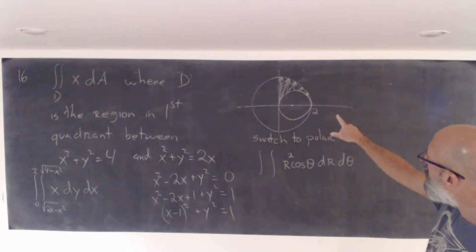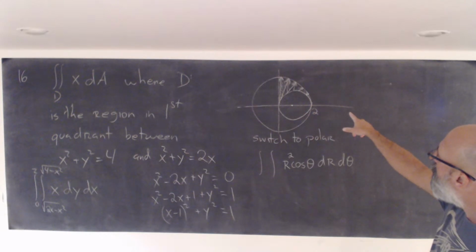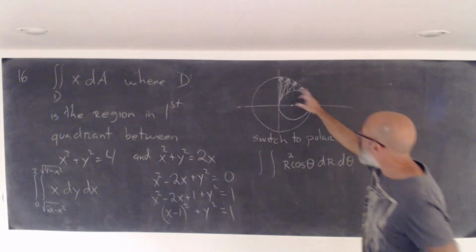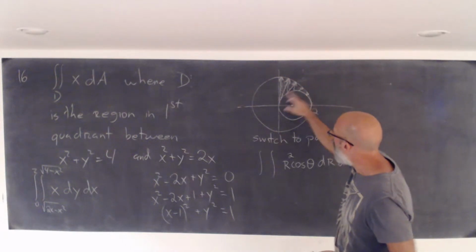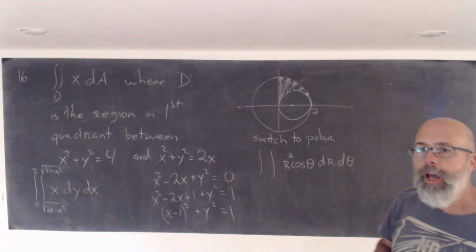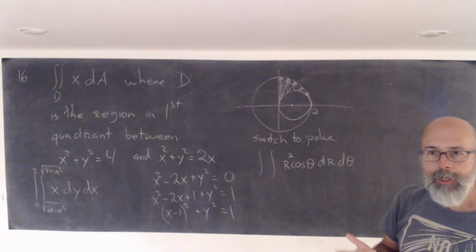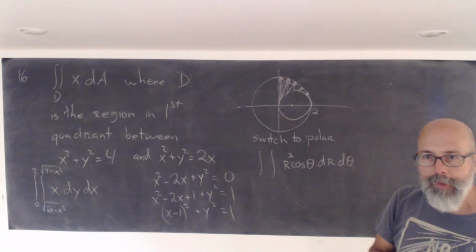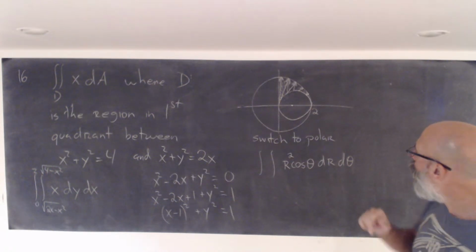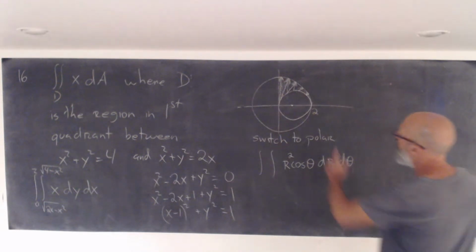Right, so r is going from the small circle to the large one, but we're going to have to be careful here, because once you've described how r varies, we're going to ask the question, what about theta?